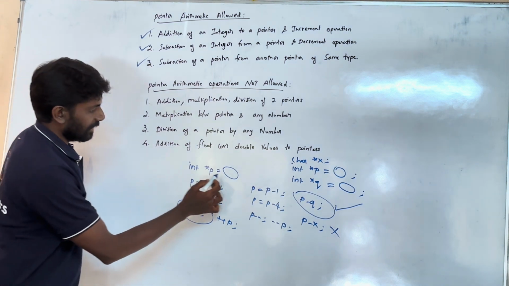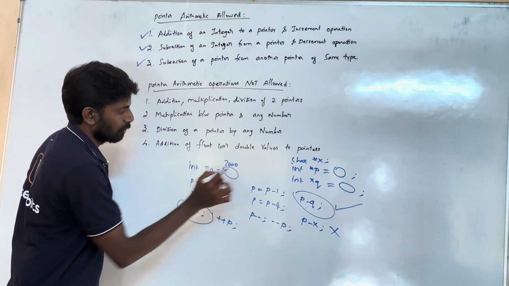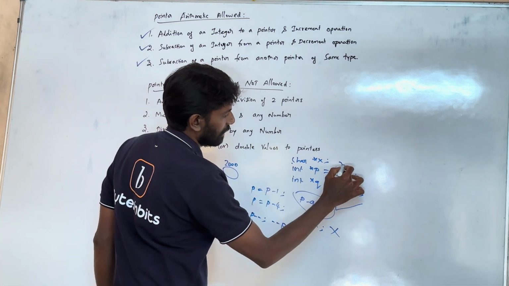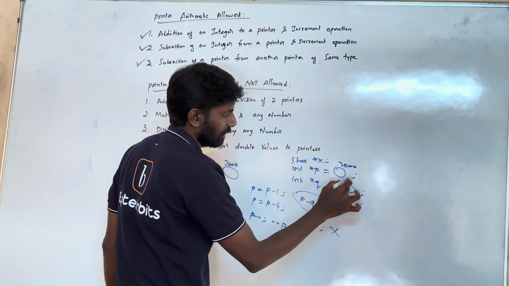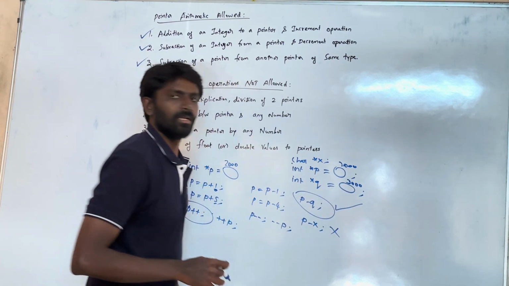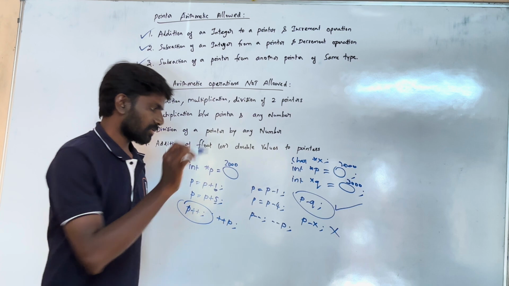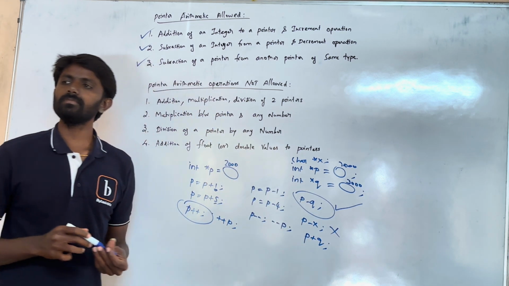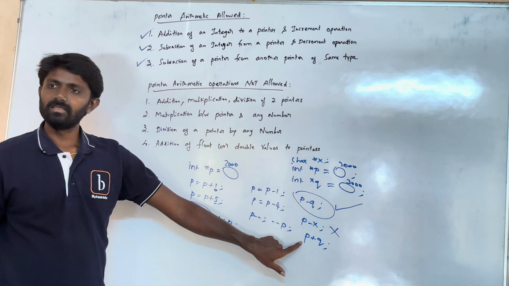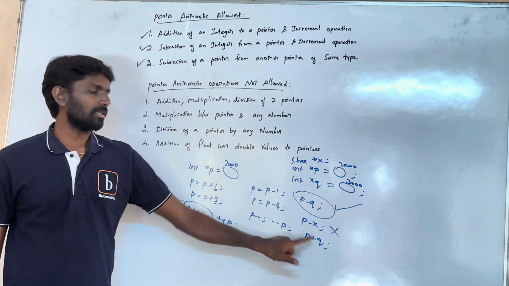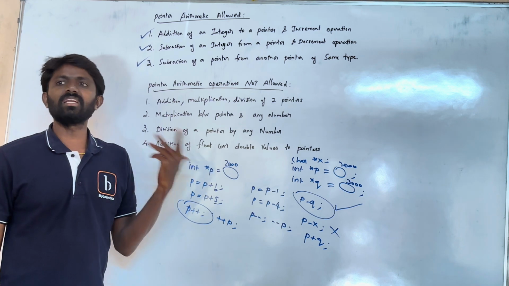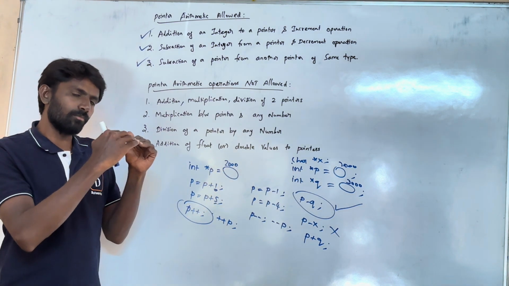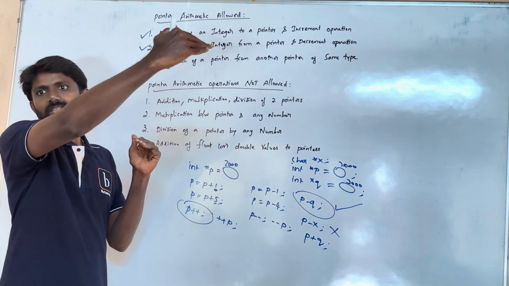Let's take that you are assigning some address 2000 to one pointer and address 3000 to another. Suppose you are doing p + q, what will happen? p is 2000, q is 3000. If you add, it will become 5000. So you are completely changing from one location to a different location.